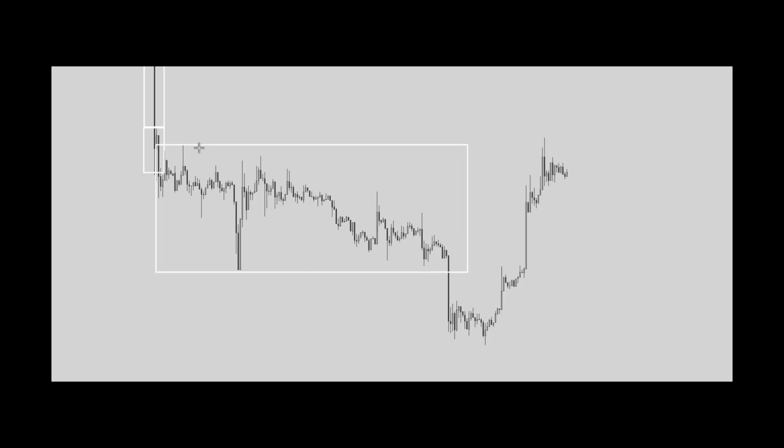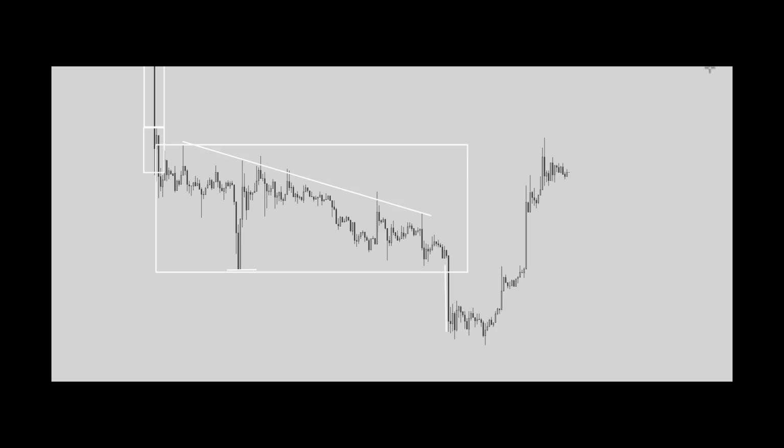As price flags out, consolidates here, it is consuming all of the available sell side liquidity on the top side of this range. So that's compression. When price breaks down past this low, you get another thin or illiquid move, in large part as a result of concentrated stops, which you often get underneath a low like this.